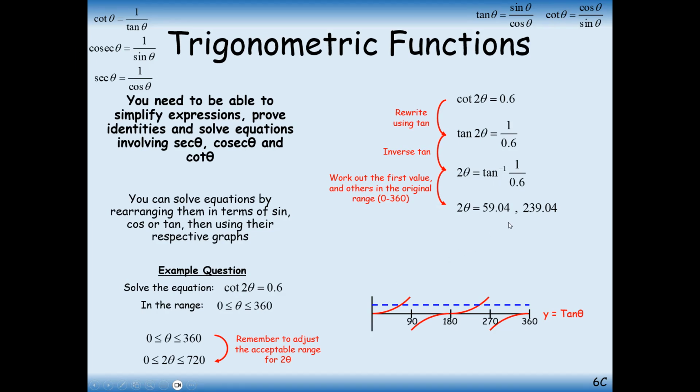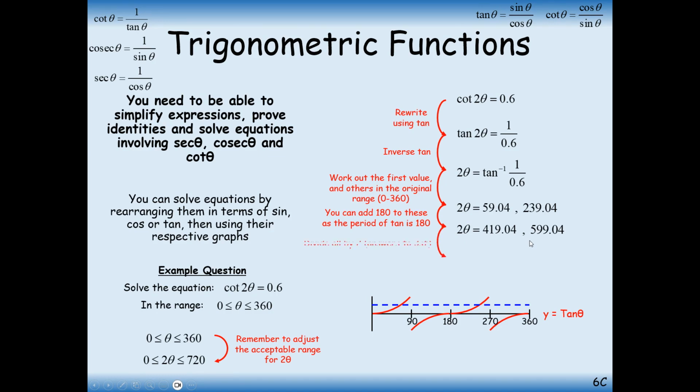But we simply added 180 to it to get 239, and we will go ahead and add another 180 to each of these values, because we need to extend our values all the way to any value that's less than 720. Therefore, we will have these four answers.